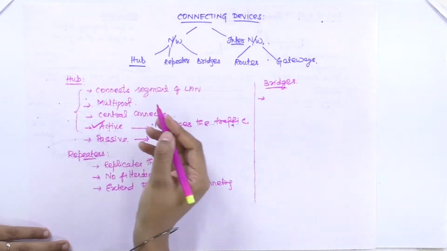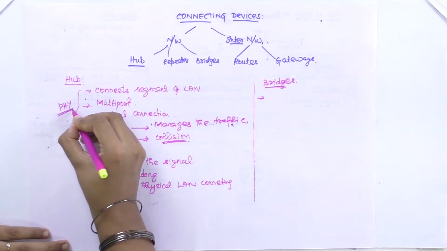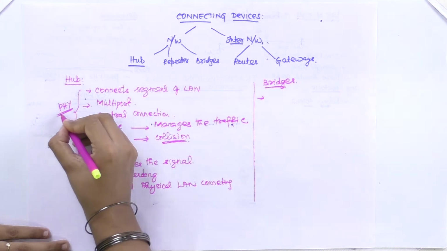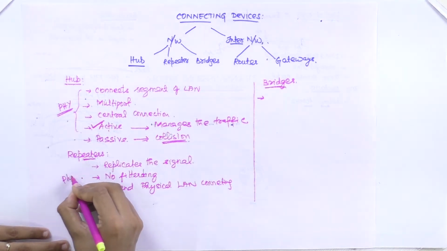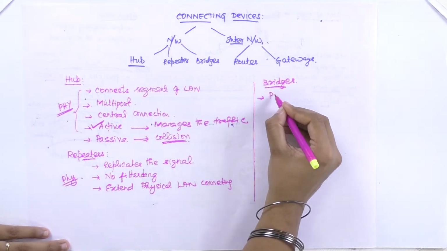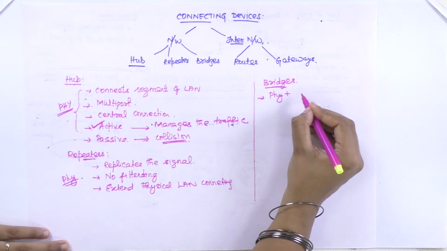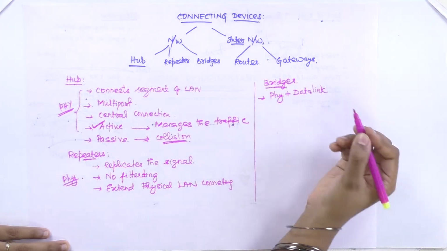So first, this hub is used in the physical layer of your model, and this repeater is used in the physical level as well. The bridge is used in the physical level as well as in the data link layer.